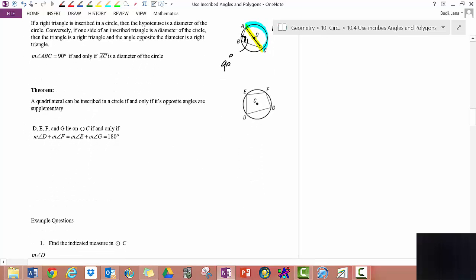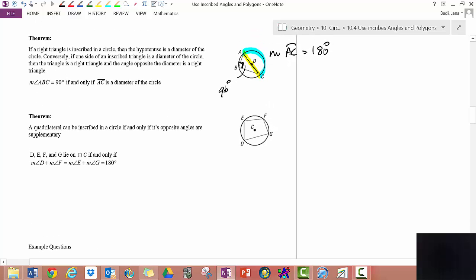Next theorem, and I alluded to this briefly. A quadrilateral can be inscribed in a circle if and only if its opposite angles are supplementary. I lie, I did not allude to this briefly. What I did allude to is that the four angles of a quadrilateral add up to 360. This theorem is saying that a quadrilateral can be inscribed in a circle if and only if its opposite angles are supplementary.